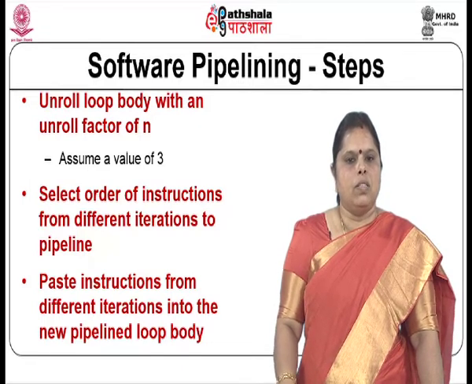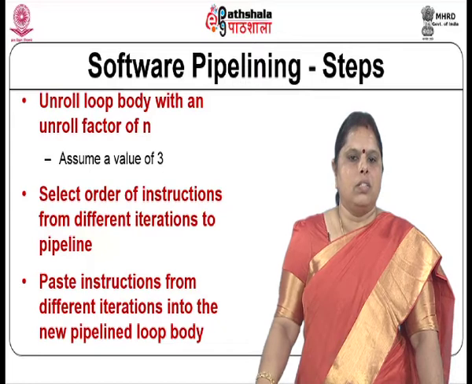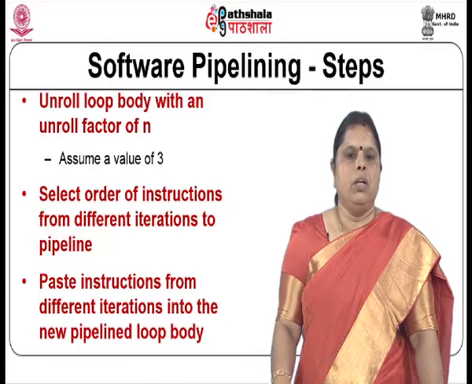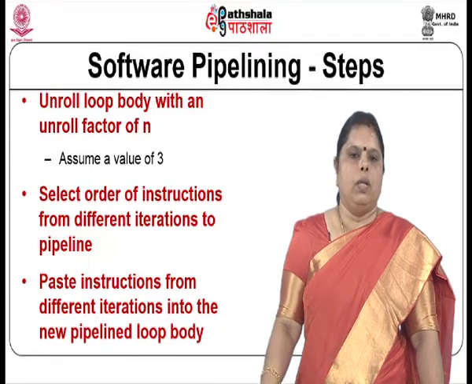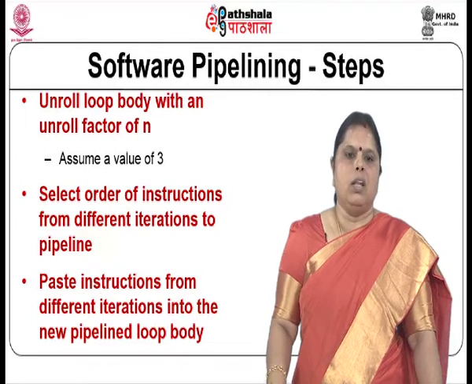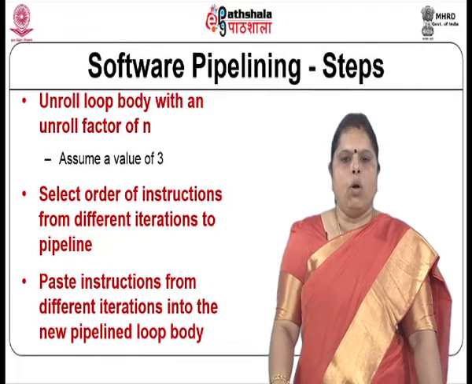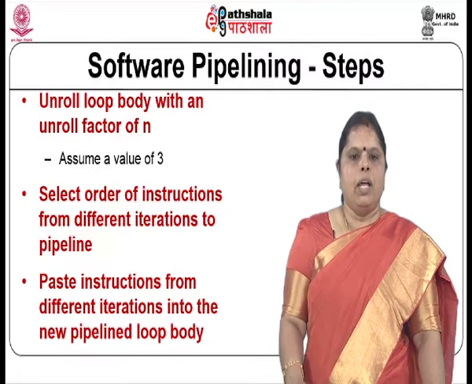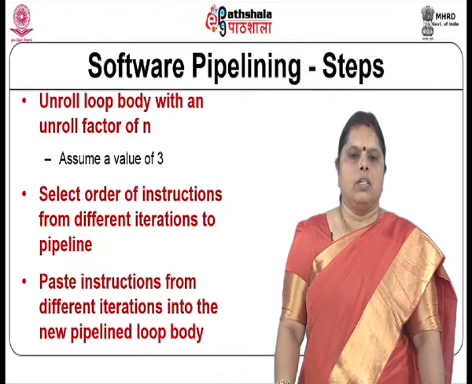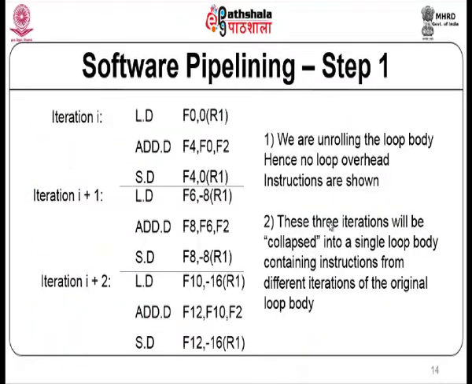If you pick these instructions from 3 different iterations, they are not going to be dependent on each other. They are going to be parallel instructions. So, we try to form the body of the loop picking up instructions from different iterations, and this is the pipeline that is formed, as illustrated here.